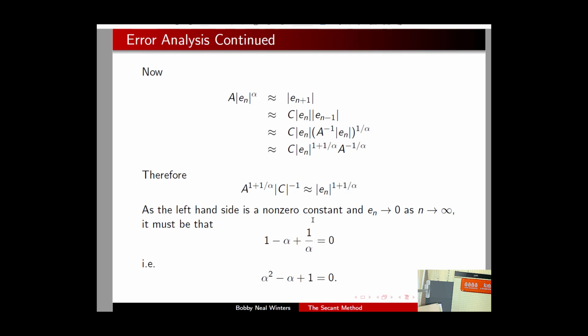As the left-hand side is a non-zero constant, and e sub n goes to 0 as n goes to infinity, that exponent has to be equal to 0.